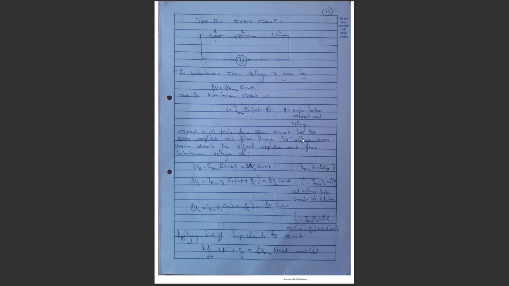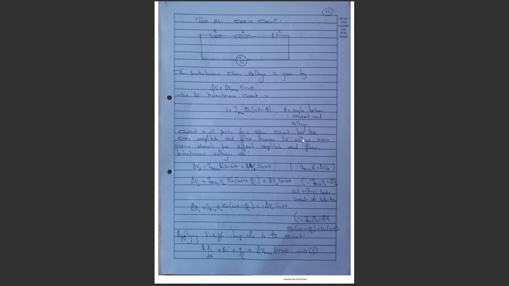Then the voltage across our inductance is I max XL, where XL is the inductive reactance, times sine omega t plus pi over 2. Pi over 2 shows us the angle difference between the inductance and the current.